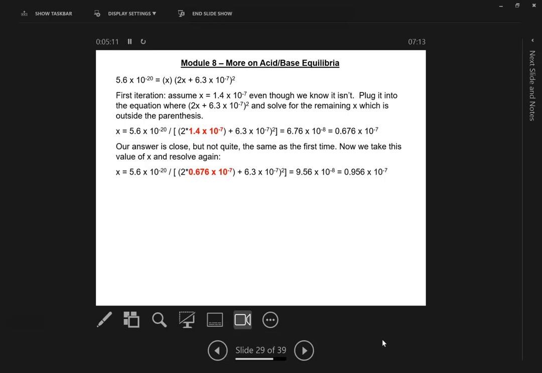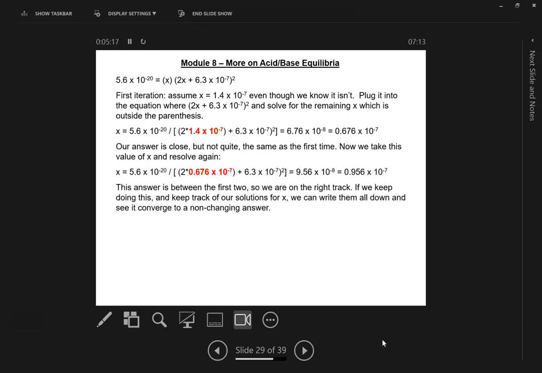And now when I solve it, I get 0.956 times 10 to the minus 7th. Now you'll notice, if you do notice, that 0.956 is between our first answer, which was 1.4, and our second answer, which was 0.676. So I seem to be in between these two.